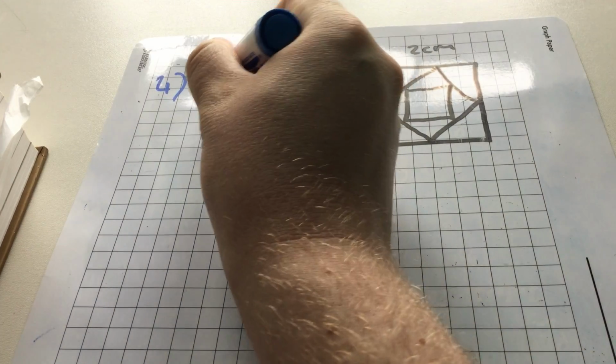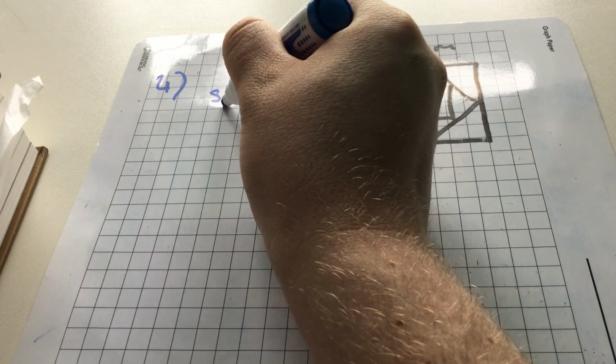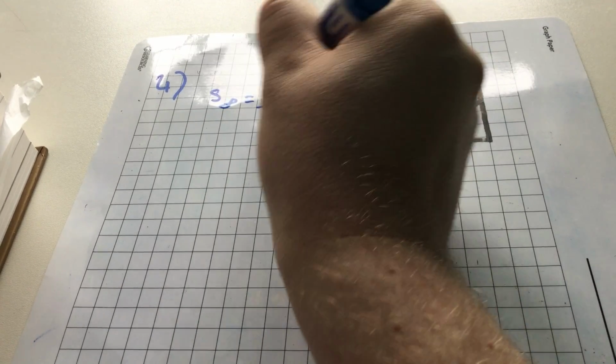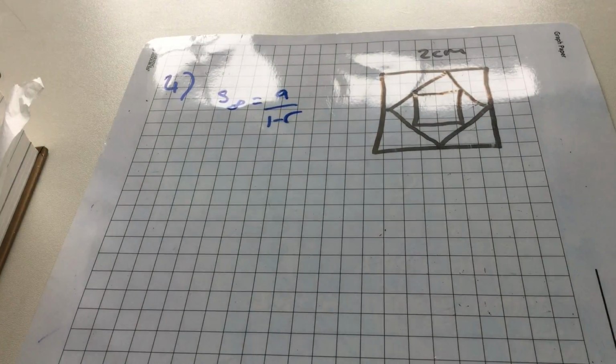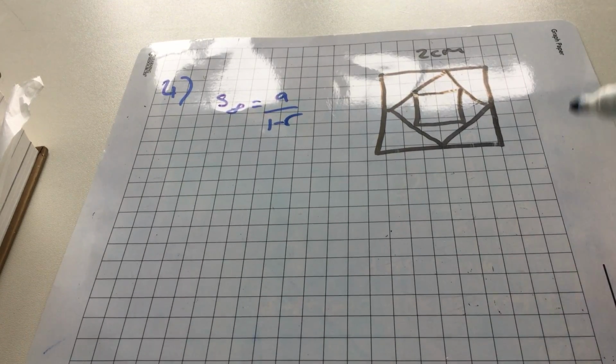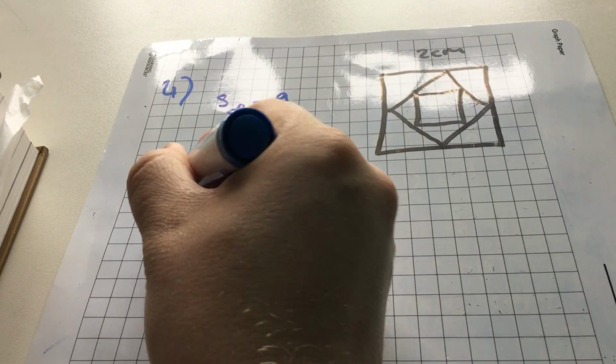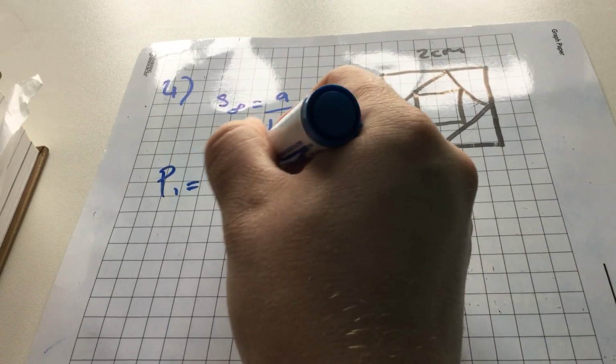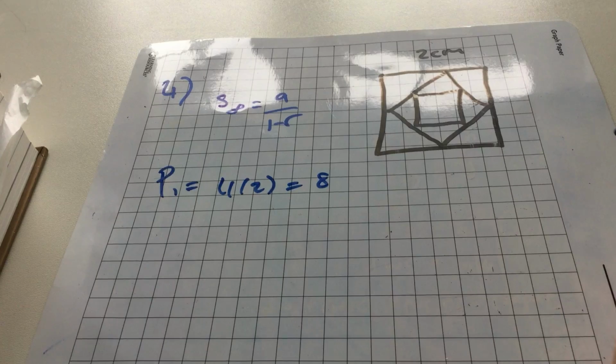Now, if you see continued indefinitely, we're looking to sum to infinity, and that's that formula. So if you hadn't figured that out, stop now and try. Okay, so the first thing I need to do, first perimeter is 4 by 2, which is 8.